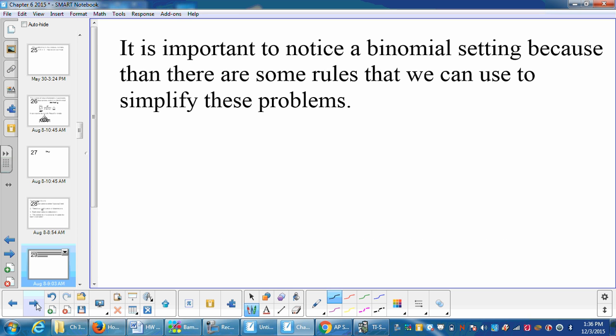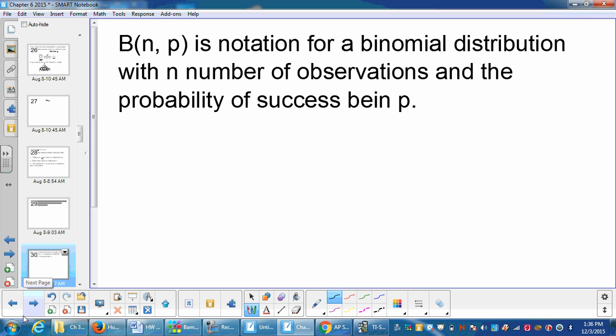Now, it's important to notice a binomial setting because there are some rules that help us simplify some really difficult probability problems. The notation is kind of like normal, but now we have a B, and we put the n, the number of observations, and a comma, the probability.